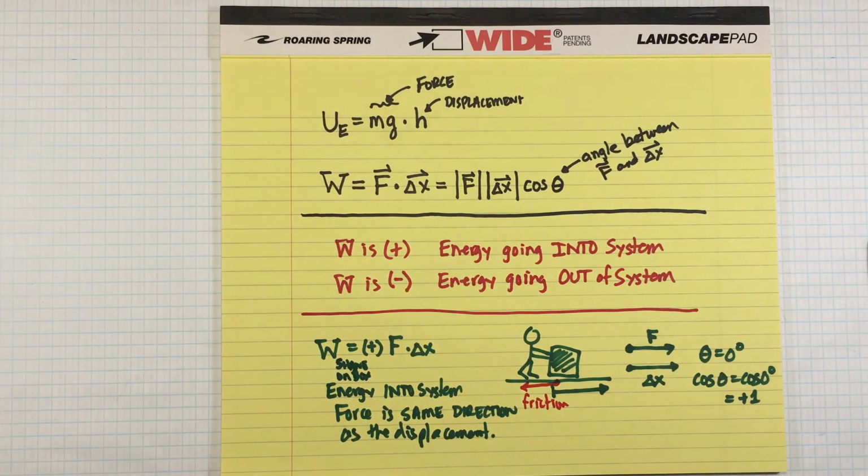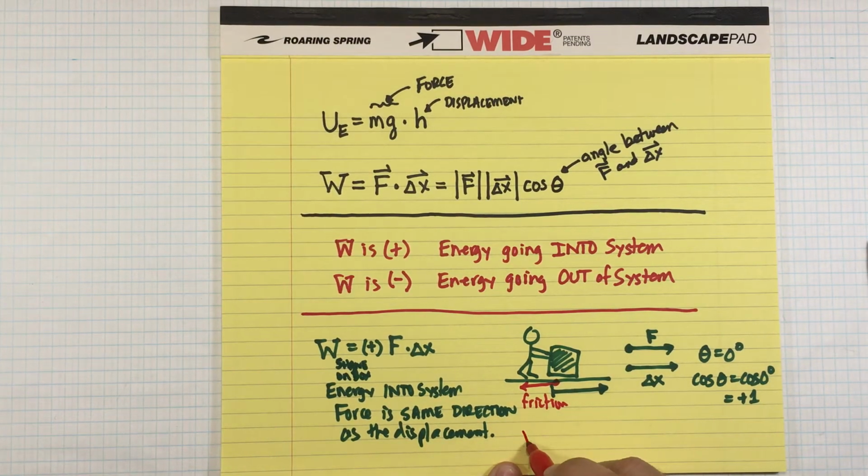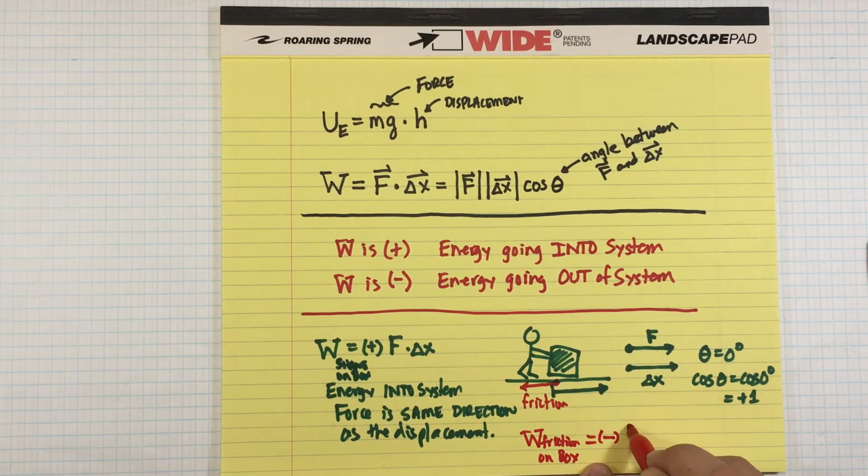I could similarly ask, what is the work that friction does on the box? And in this case, I claim that it's minus the value of the frictional force, whatever it is, times the displacement.